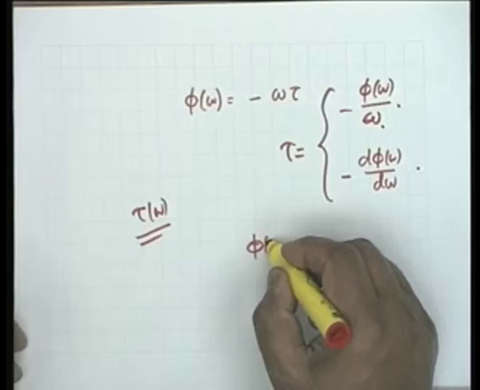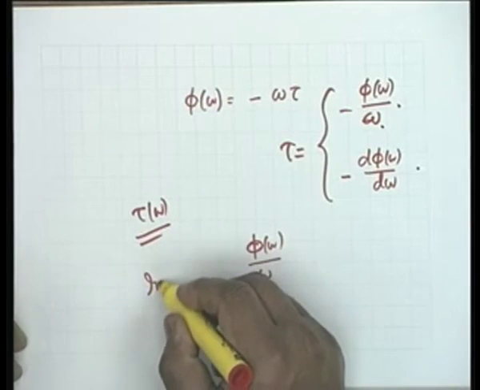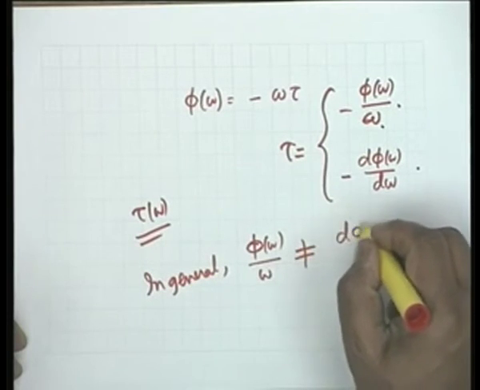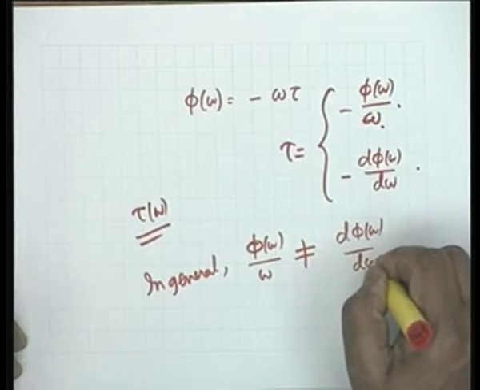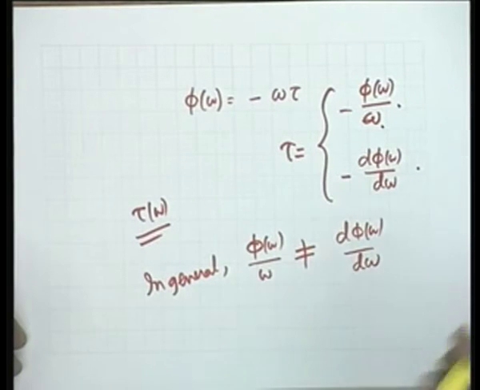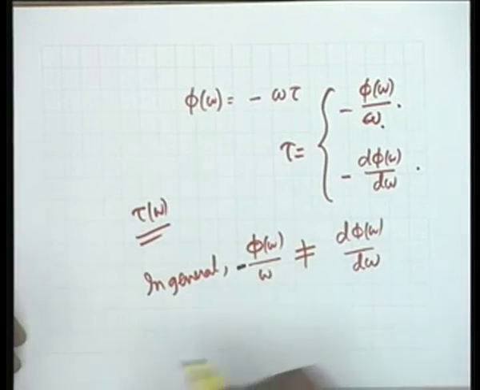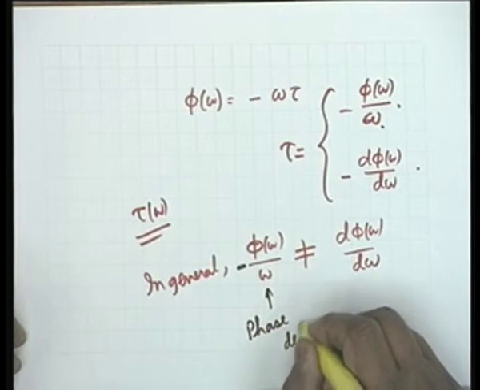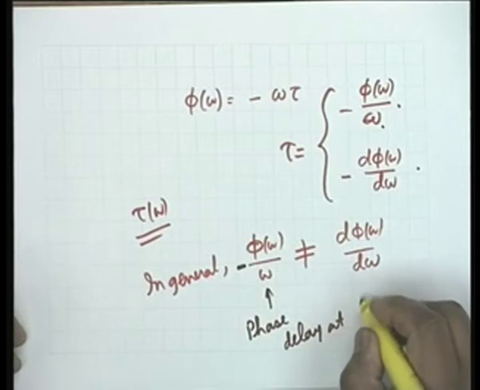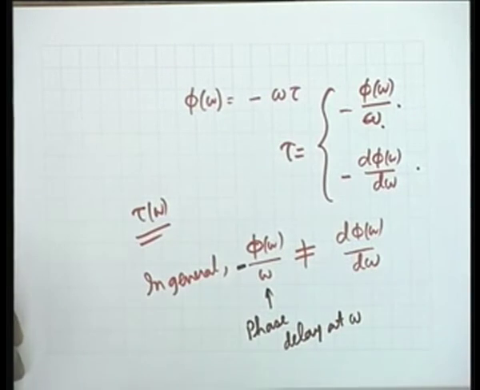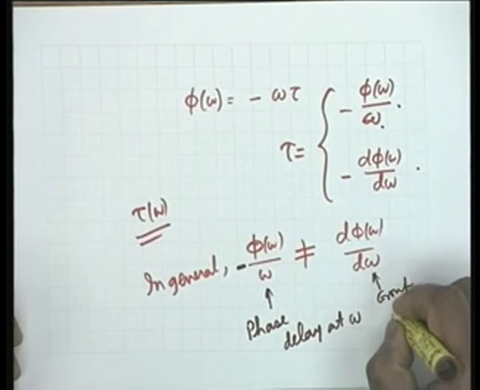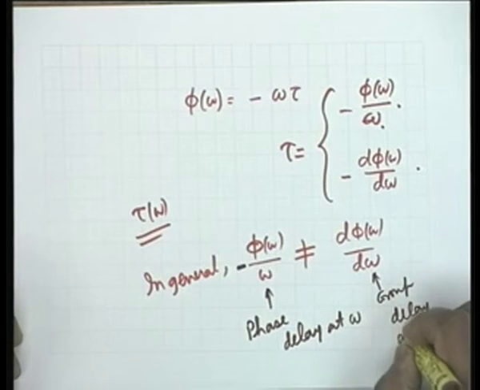In general, this is not so. In general, phi of omega by omega is not equal to d phi of omega by d omega, and in general this quantity with a negative sign is called the phase delay at the frequency omega, and this is called the group delay at the frequency omega.